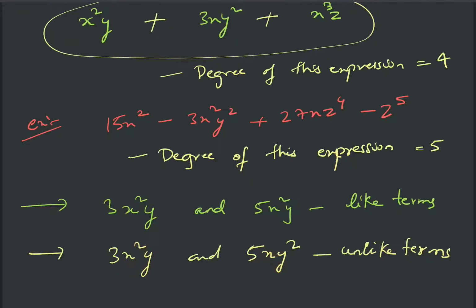So unlike terms you can't add. I can't add 3x square y and 5xy square. Even if I give a plus symbol here, you just need to leave it as it is. You can't add this and write something. That is not possible. But like terms, you can add them or subtract them. So like terms are what? The variables are same and the corresponding power of each and every variable is same.